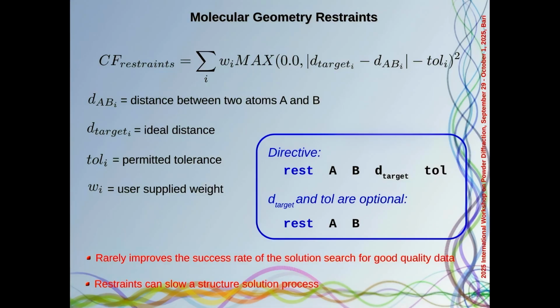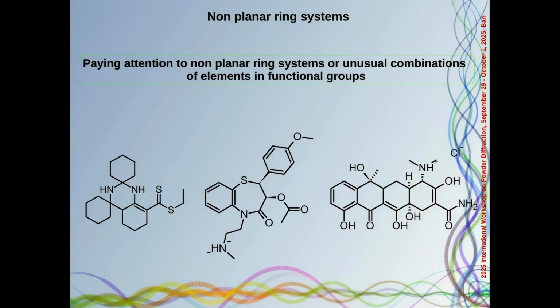An interesting application of geometry restraints is when you have a rigid system and you want to make this rigid system flexible. You remember, I told you that you have to pay attention, in particular when you have a non-planar ring system or condensed ring system.